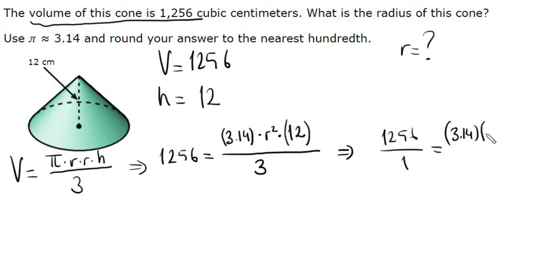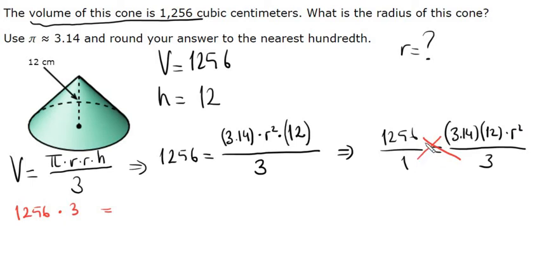So I can change the order: 12 times r squared divided by 3. And then let's do the cross multiplication. 1256 times 3 is going to be equal to 1 times 3.14 times 12 times r squared.